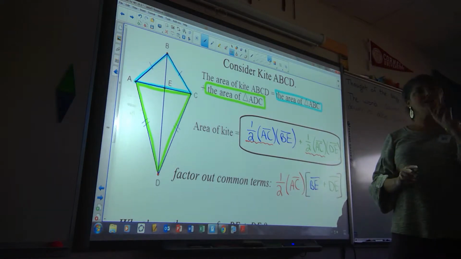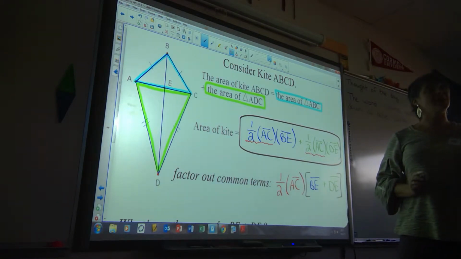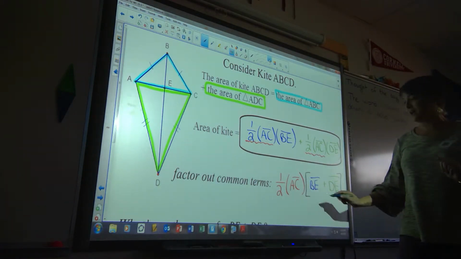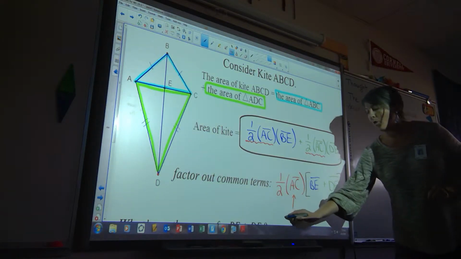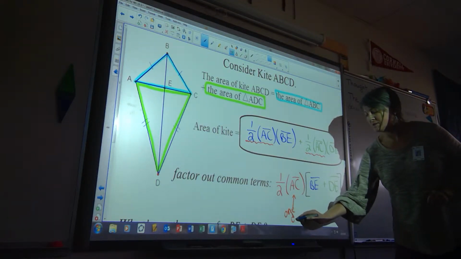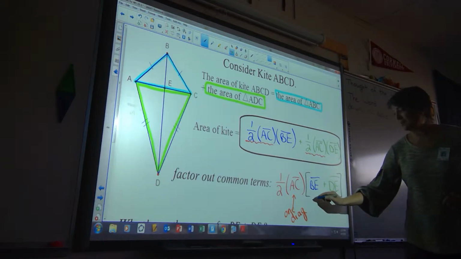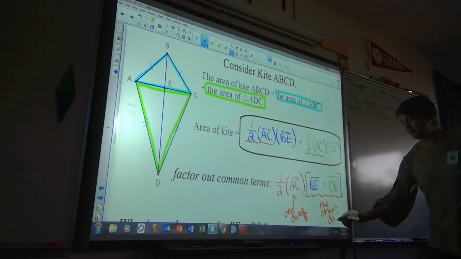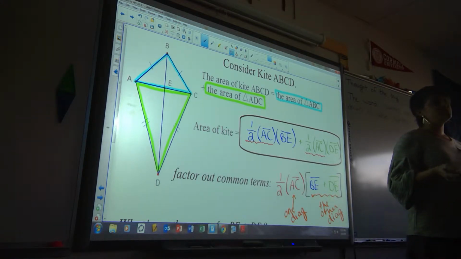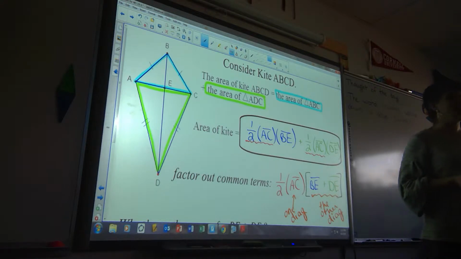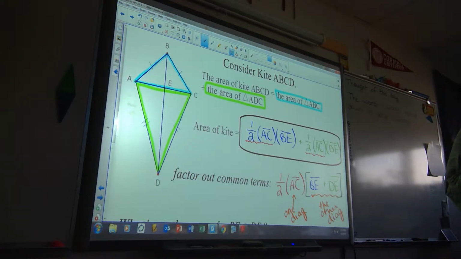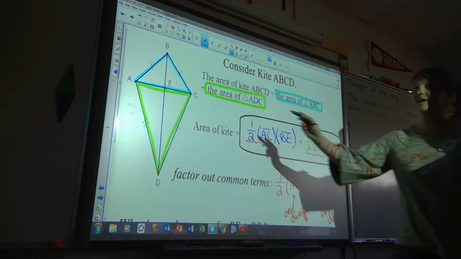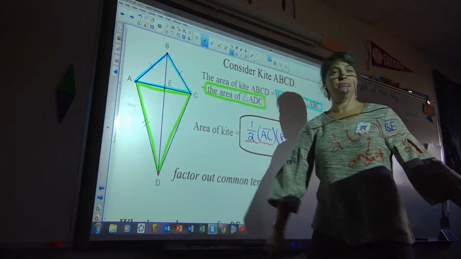So we could change this formula and make it an easier formula if we call this one diagonal and we call this the other diagonal. Essentially, we now built a formula for the area of a kite using the lengths of its diagonals, or its spines, if you will.